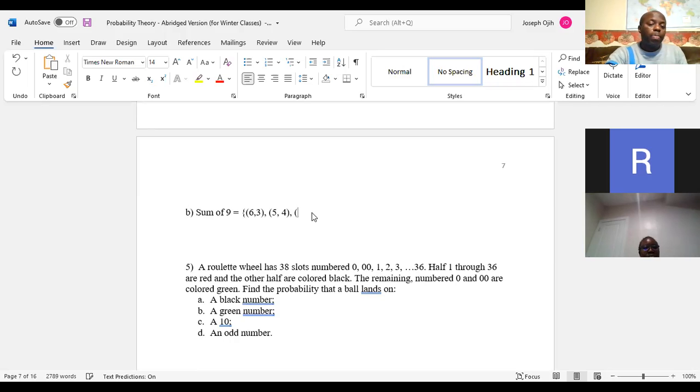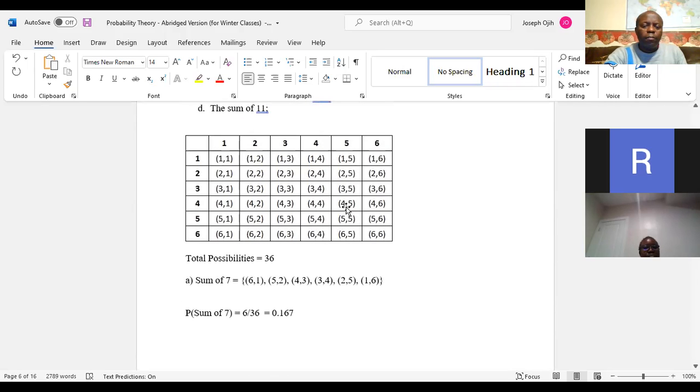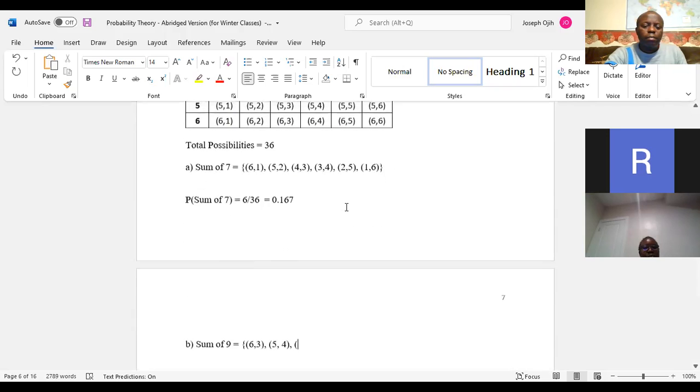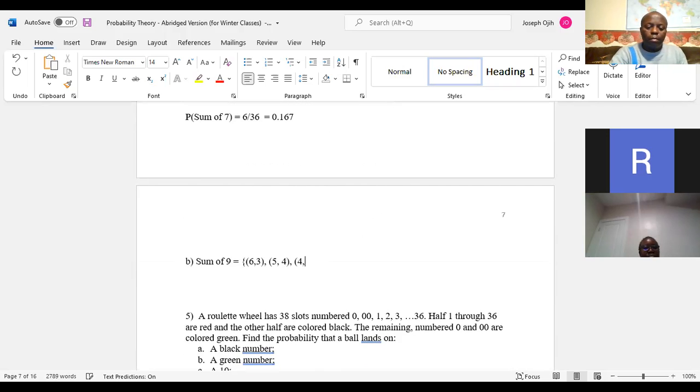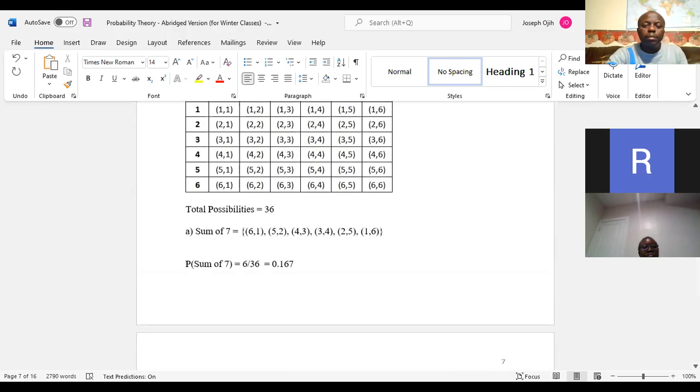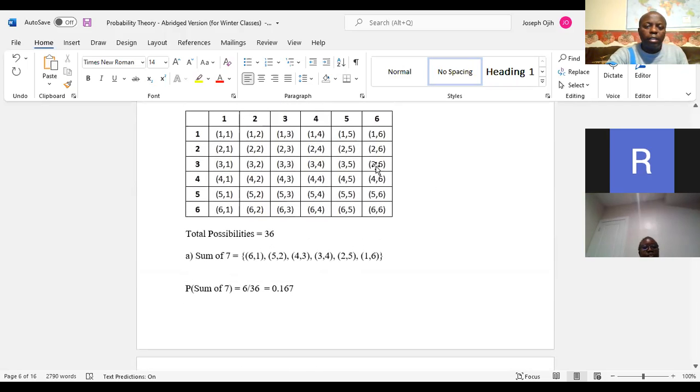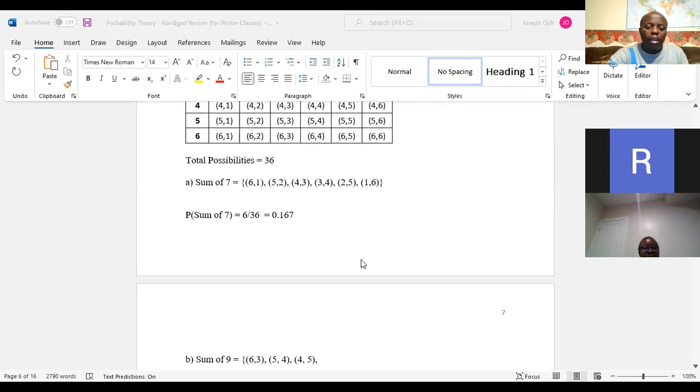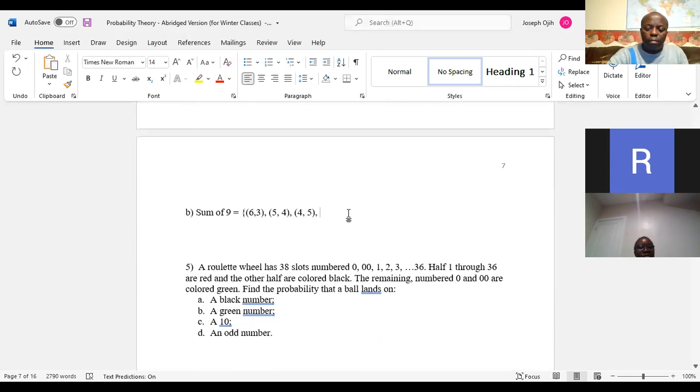Then we have 4, 5, which gives you 9. And 3, 6. So these are the possibilities for 9.